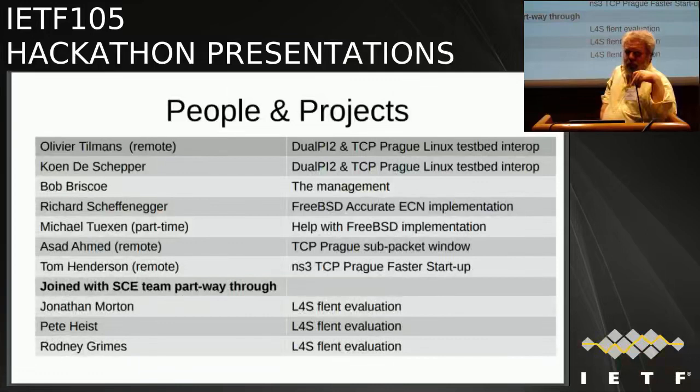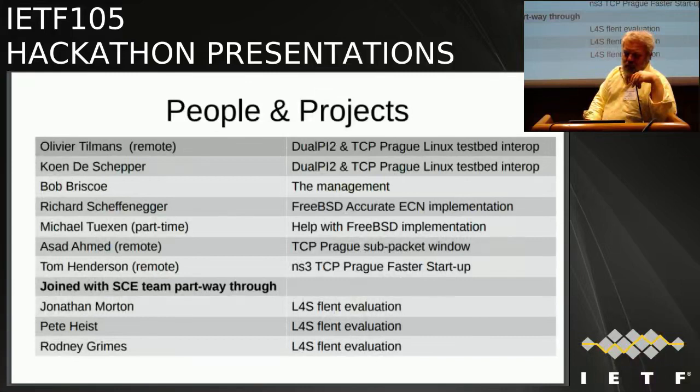We brought a test bed with us, got that all set up, found there were problems with the latest Linux kernel, screwing up what we had intended to do, etc. Had to rebuild things. Richard got on well with Michael Tuxen implementing accurate ECN in FreeBSD, with Michael Tuxen helping.